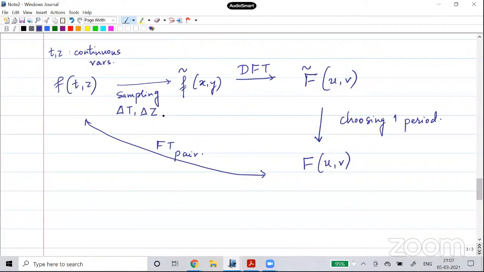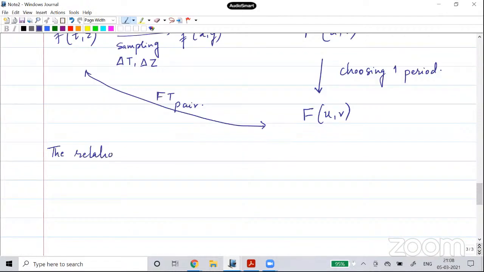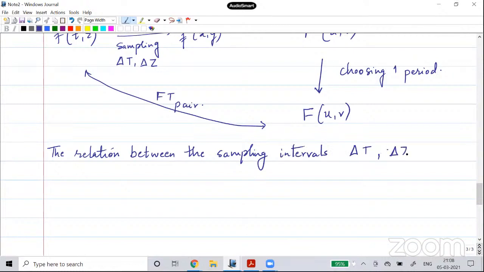So now again, the results for one dimension can be carried over to two dimensions with not much difference. Again the same sampling theorem will hold here between the sampling intervals delta t, delta z, and the corresponding frequency domain intervals.